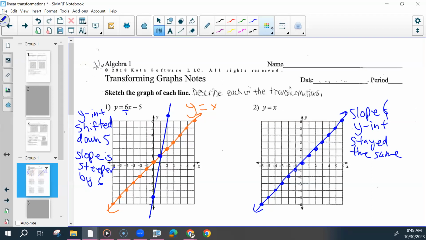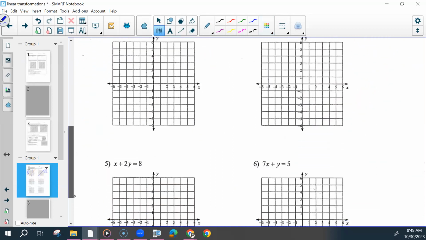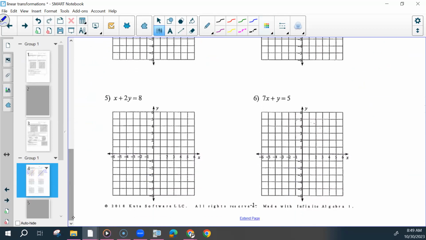We're gonna skip 3 and 4 and try 5 and 6. Now, these are not in slope intercept form. So we'll need to get them in slope intercept form first by doing what?